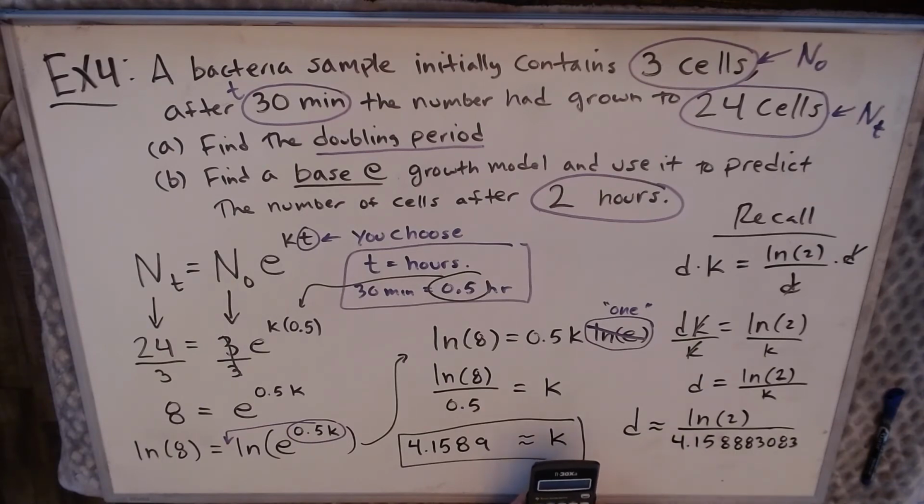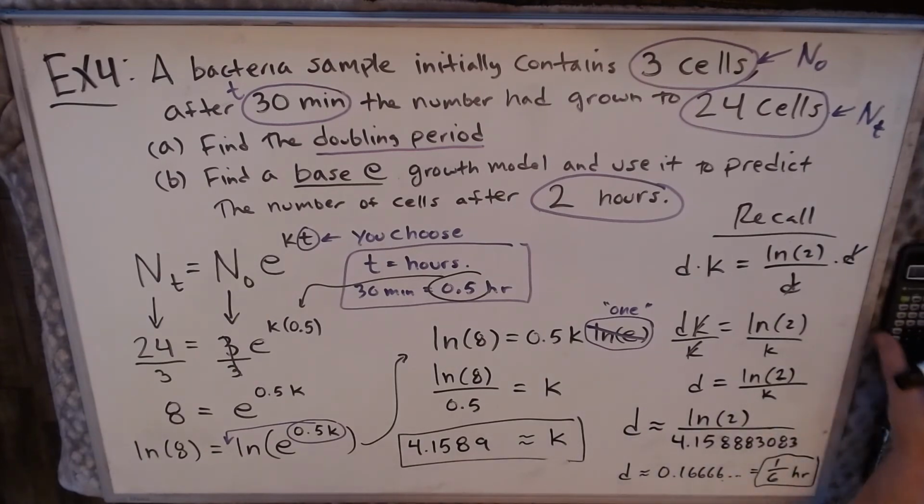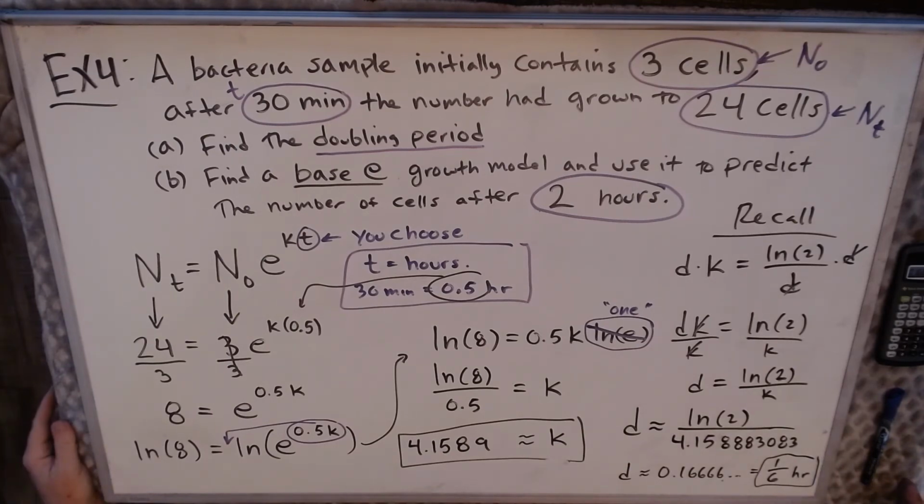So I'll do ln of 2 divided by that, and I get D is 0.1666666, which is 1/6 of an hour. That's our doubling period.